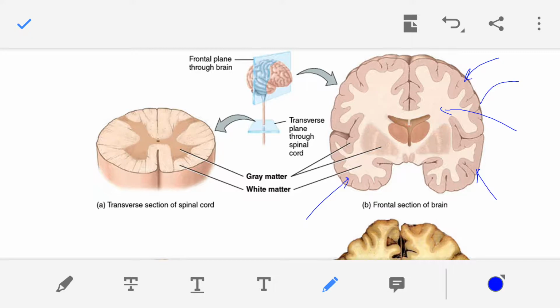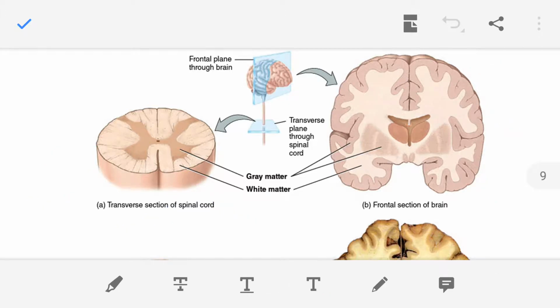But contrary to this, in the cross section of spinal cord, white matter is present outside, surrounding the central gray matter. So gray matter is present inside and white matter outside in the spinal cord.